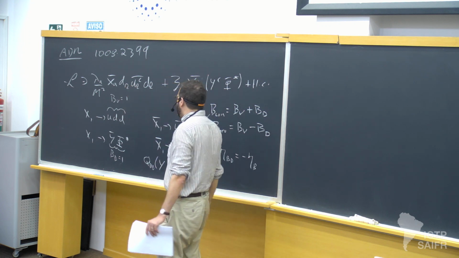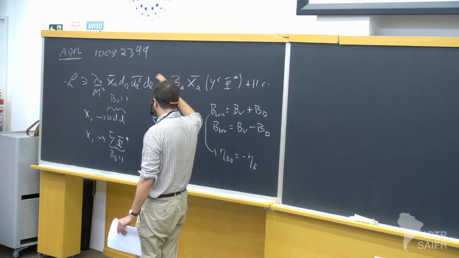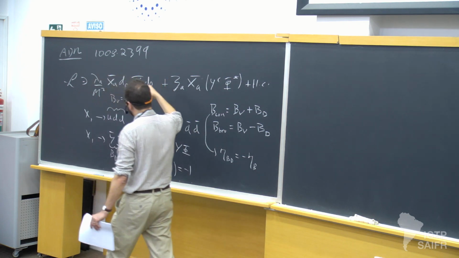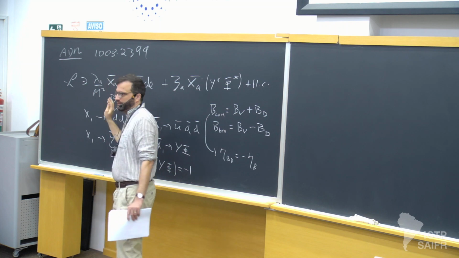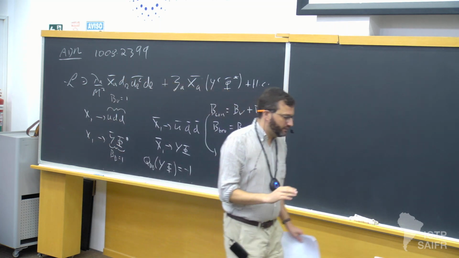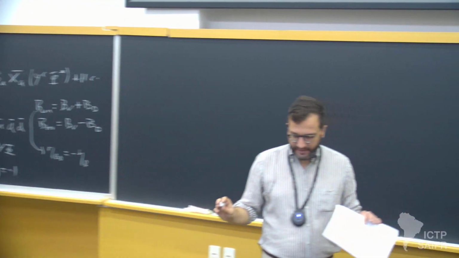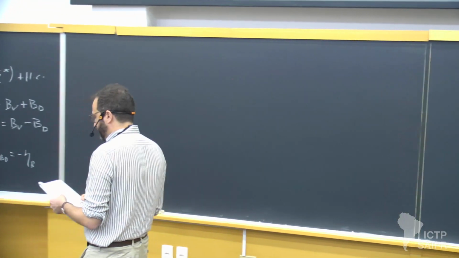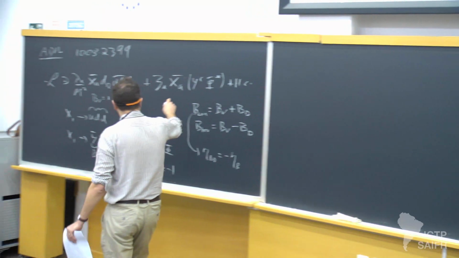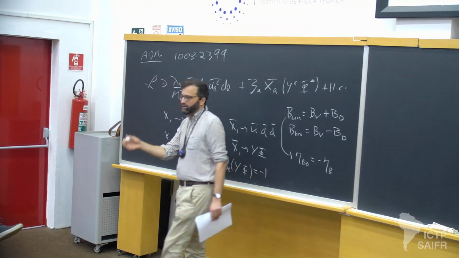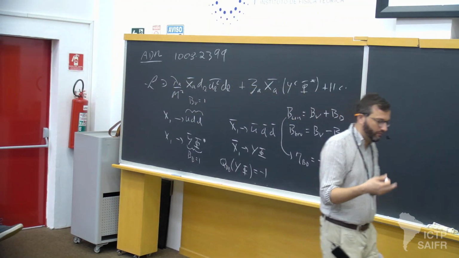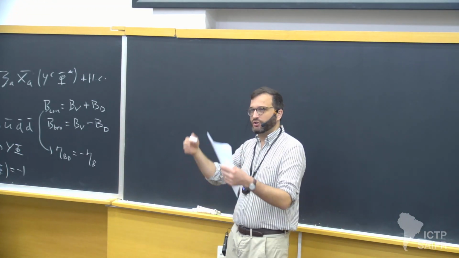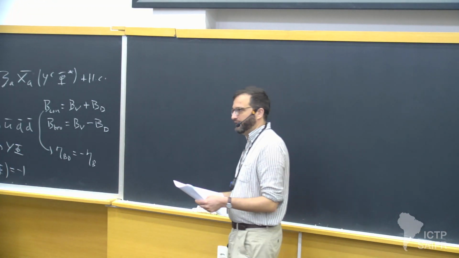But in the original paper, for a reason I'll get into shortly, they were interested in relatively low scales. So they didn't just take the standard decay scenario where you have a thermal bath and things are in equilibrium, but instead they assumed that these Dirac fermions are produced in the out of equilibrium decay of a new scalar which has grown to dominate the energy density of the universe.